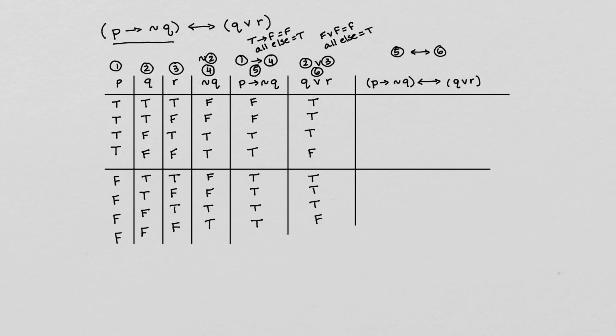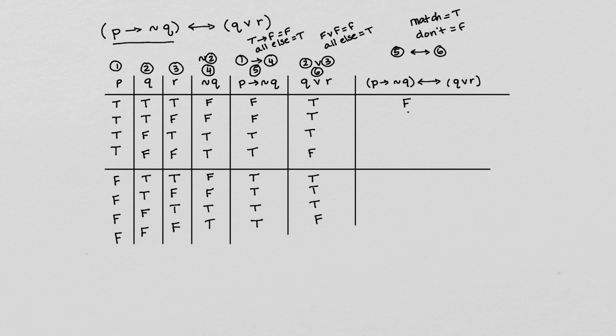So because it's biconditional, if they match, that's true. Don't match, that's going to be false. Okay. So we start off with false if and only if true. That's going to be false.